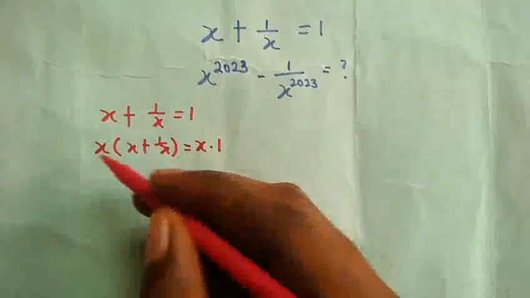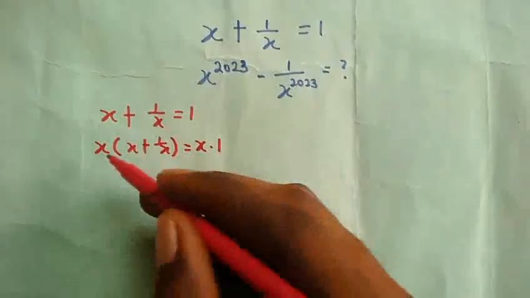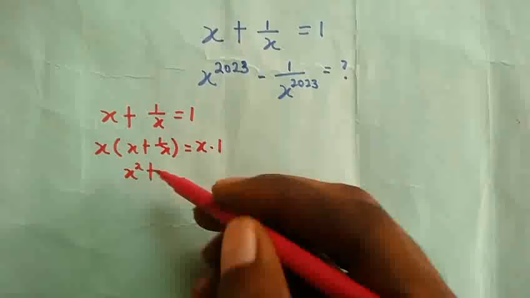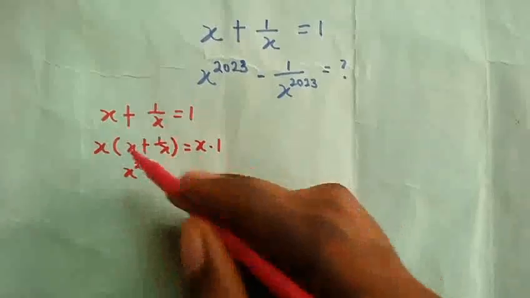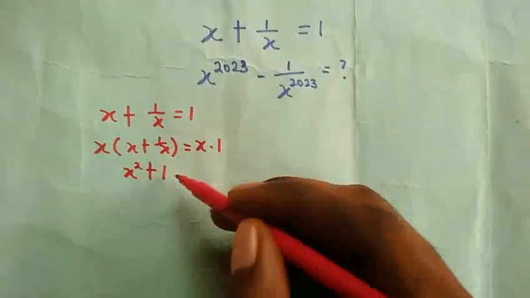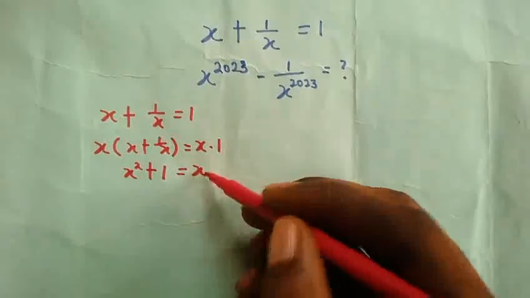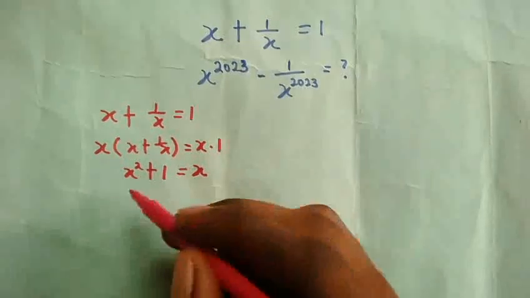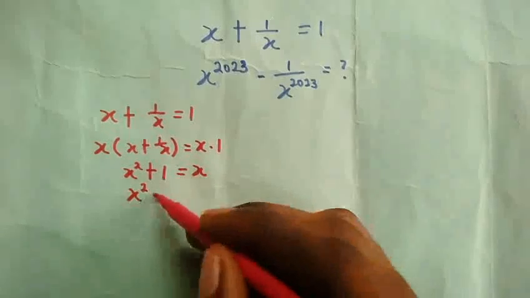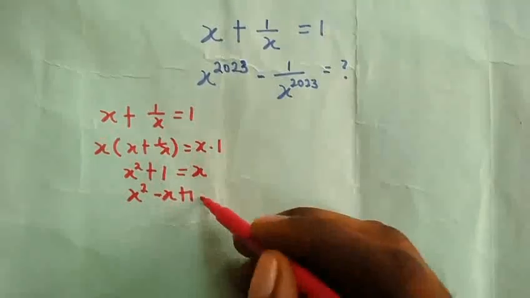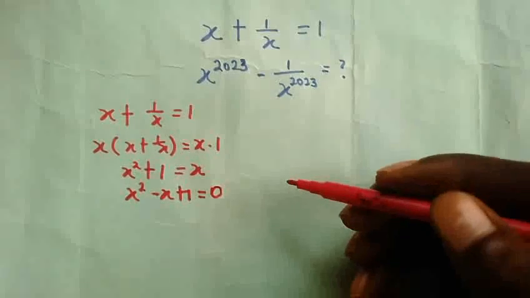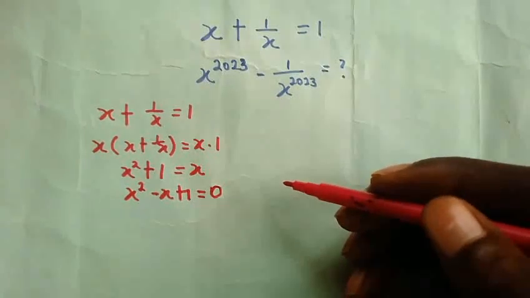Here we have to open up these brackets, so we have x times x, x squared, plus x times 1 over x gets cancelled, so remaining 1, equals x times 1 is x. So this x crossing over to this side, the sign changes, so we have x squared minus x plus 1 is equal to 0. Now we're going to find the value of x to the power of 3.